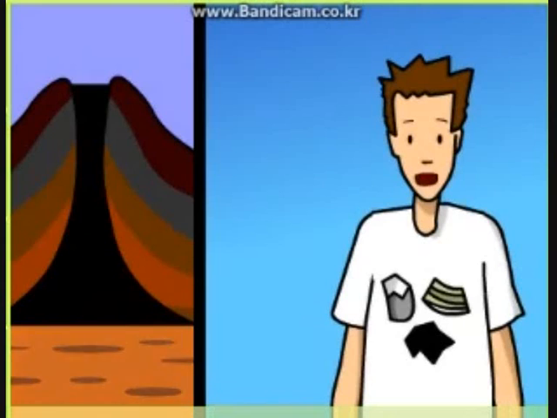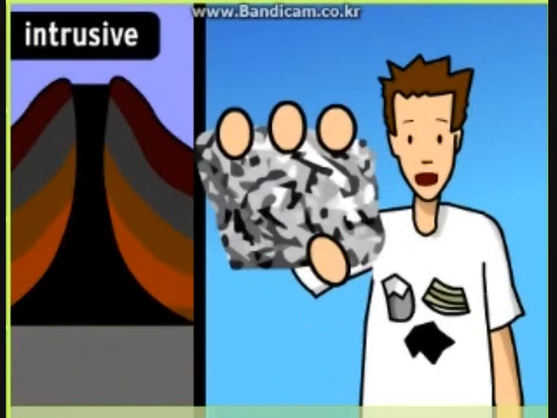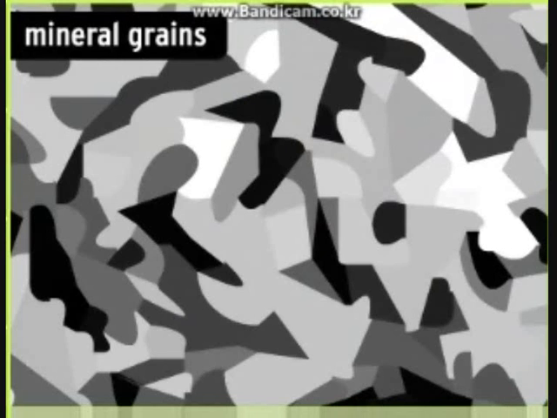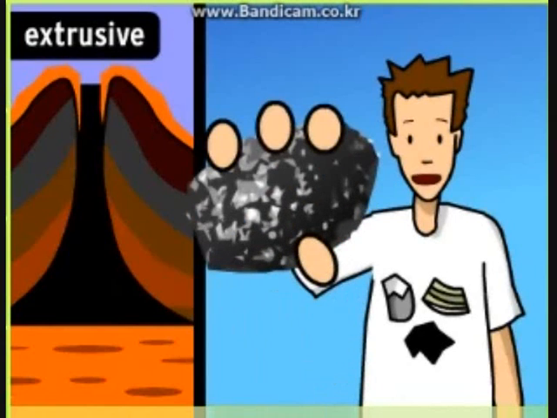The rocks that form when trapped magma cools are called intrusive igneous rocks. See those big crystals? Trapped magma takes longer to cool than magma that reaches the surface. This gives the atoms time to arrange into big crystals called mineral grains. Extrusive igneous rocks form from the lava that flows out of volcanoes or from magma found very near the Earth's surface. Lava cools pretty quickly when it gets near the Earth's surface, so extrusive rocks have much smaller mineral grains than intrusive rocks.